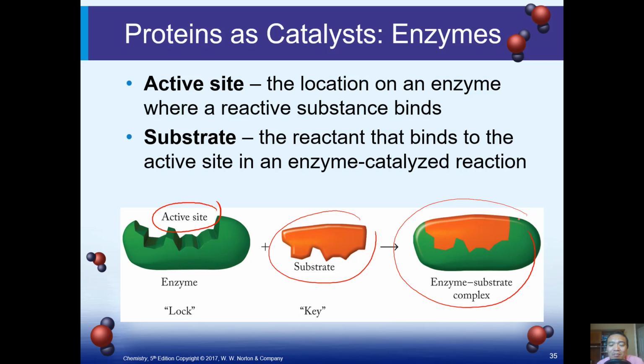And this selectivity is related to the three-dimensional structure of the enzyme. Do remember enzymes are made of proteins. The structure of the specific protein that functions as an enzyme is really important for the selectivity.